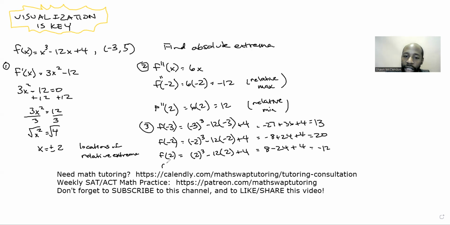Okay, and then finally, f of 5, this last value in the range, is 5 cubed minus 12 times 5 plus 4, which is 125 minus 60 plus 4. All right, so I'm going to use the calculator with that. Being a little lazy here, I admit. Minus 60 plus 4.